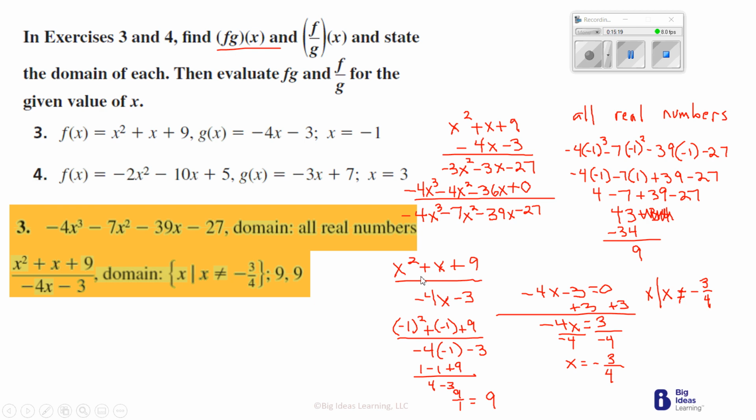The next one, we divided it, right? That's exactly what we got here, x squared plus x plus 9 over negative 4x minus 3. It would be all real numbers except that it cannot equal negative 3 over 4. And when we worked it out, we would still get 9. All right, let's move on to number 5.